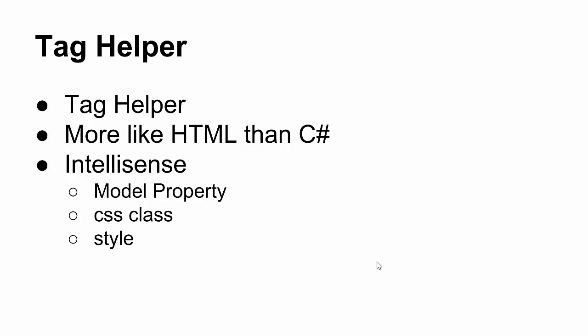useful. So until now, in our previous versions of .NET, our view file, our CSHTML file, used to look more like C# code: HTML.TextBoxFor and HTML.LabelFor. If you look at your view file, it looks more like C# code instead of HTML code.